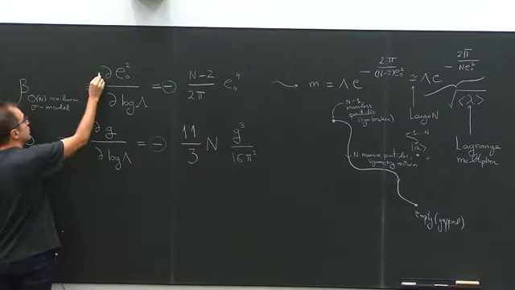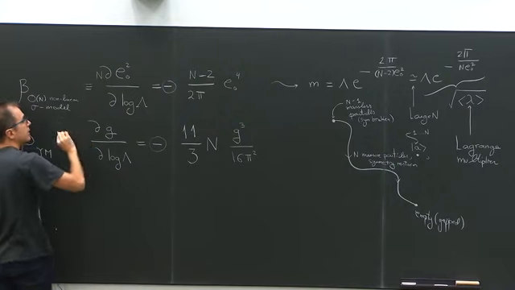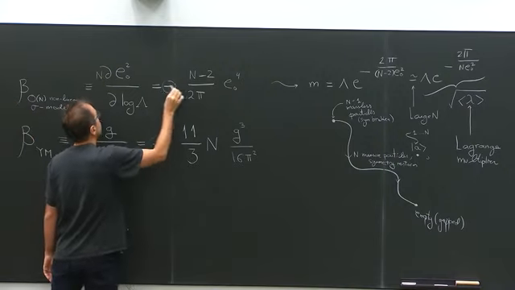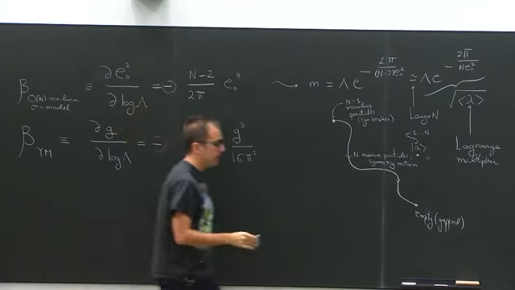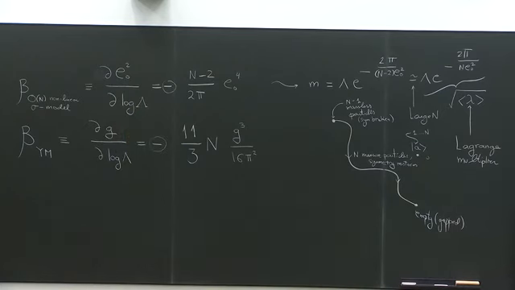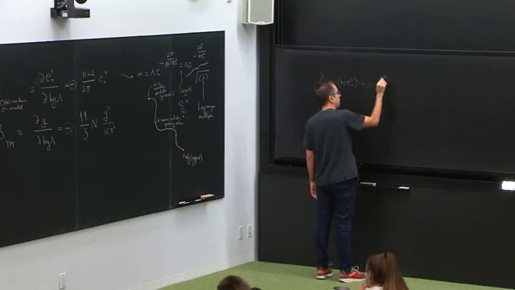You could want to multiply by N here. Let me do it on a different blackboard. You would want to say that the derivative with respect to log of the cutoff of N times e0 squared is equal to minus N e0 squared over 2 pi.